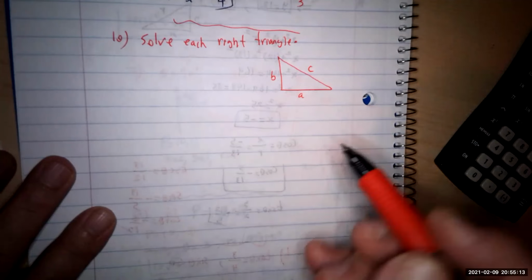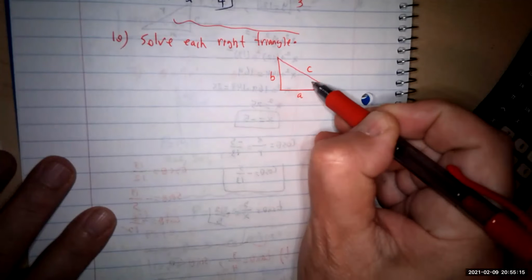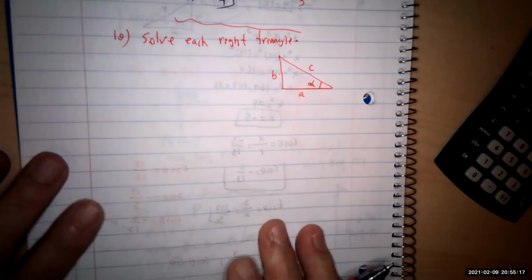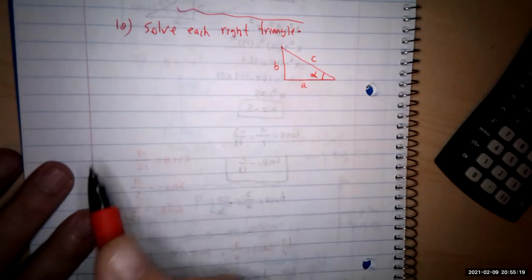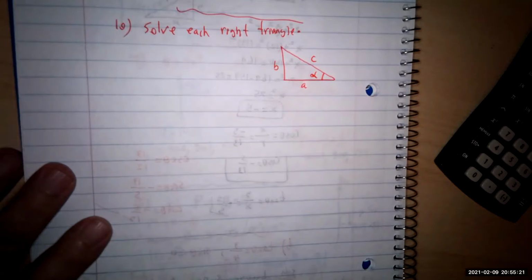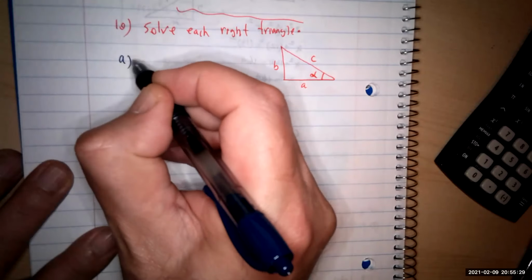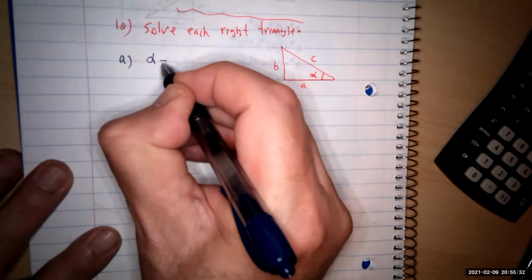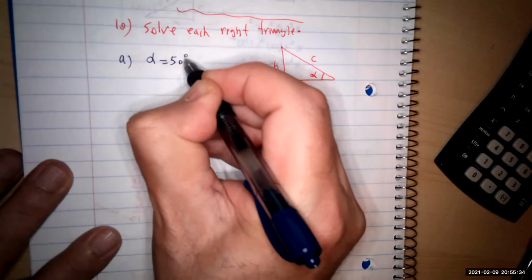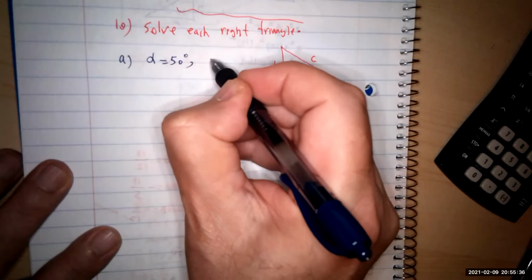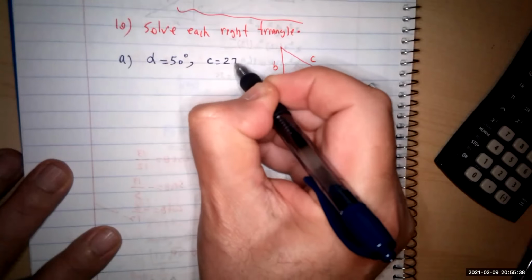And this is going to be the angle alpha. So if we don't give you the graph, this is what we mean. But if we give you the graph, just make sure that you have no difficulty. Okay, so case 1: alpha is given to you, the angle is 50 degrees, and the side is C, 27 feet.